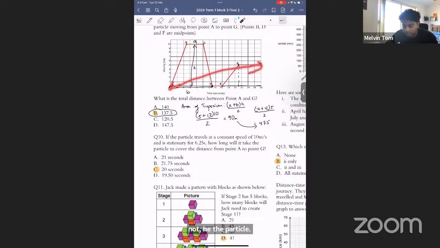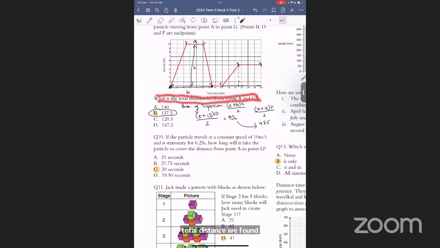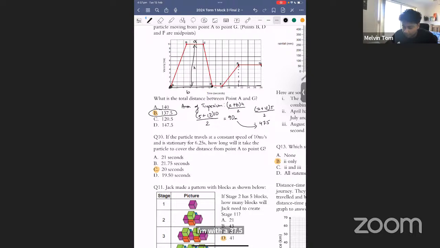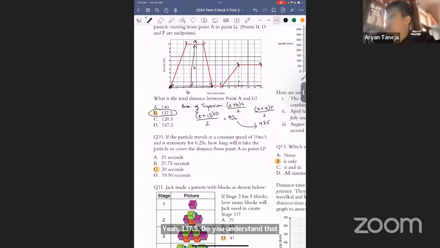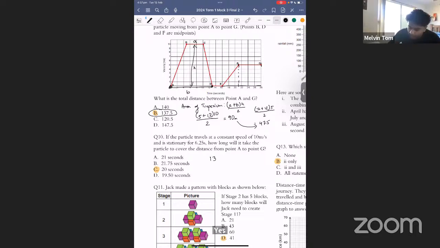What's the total distance we found? 137.5. Do you guys understand that? Yes. So it travels a total of 137.5 meters at a speed of 10 meters per second. That's what the question says, right?